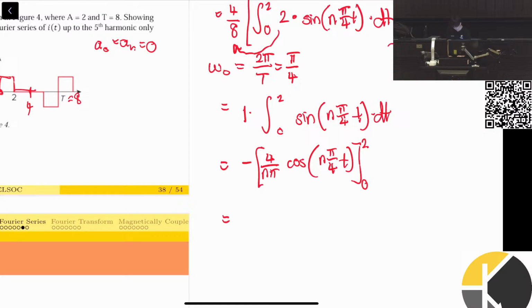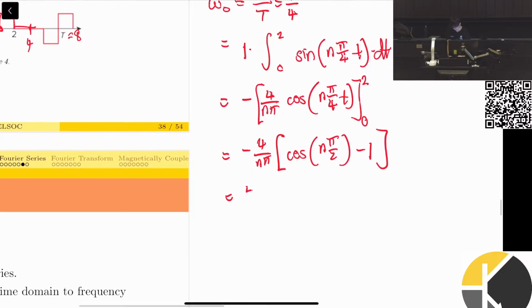If I sub those in, we have minus 4 on n pi, cos of, so we're subbing in for t, so we have n pi on 2, and subbing in 0, we just get cos of 0, which is 1, so minus 1. So in the final form, our answer for Bn will be 4 on n pi times 1 minus cos of n pi on 2.